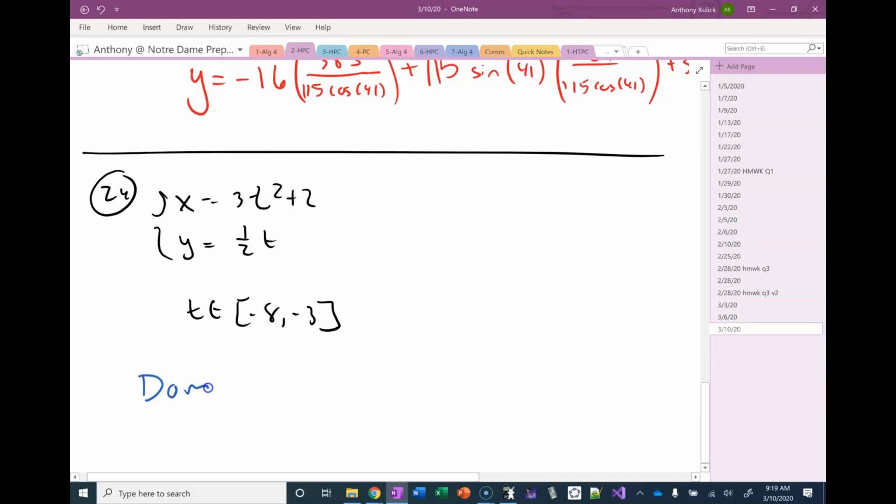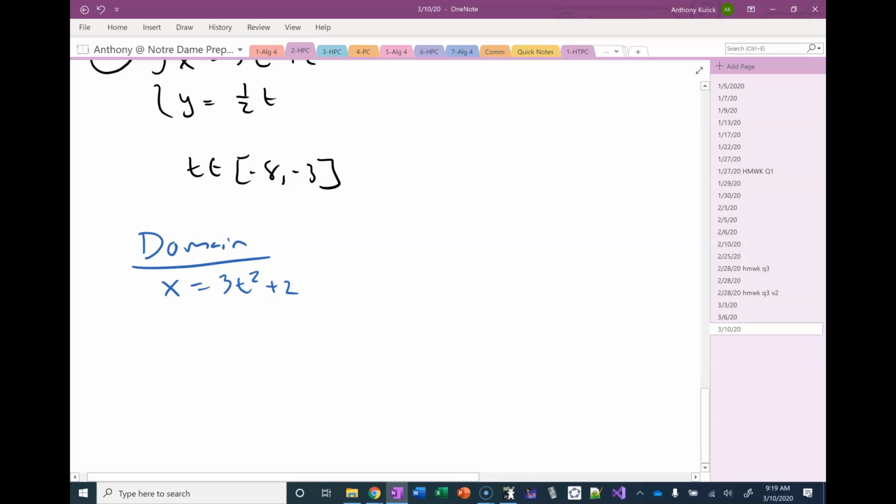the domain, I'm going to be looking at the x equation. And there's 3 values of t that I'm going to be concerned about on this x equation. I'm going to be concerned about both endpoints.